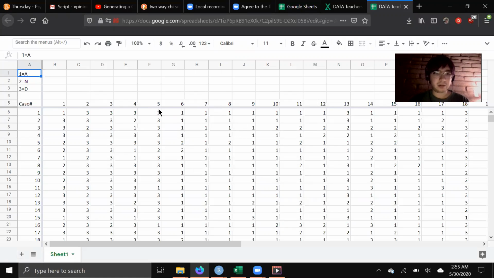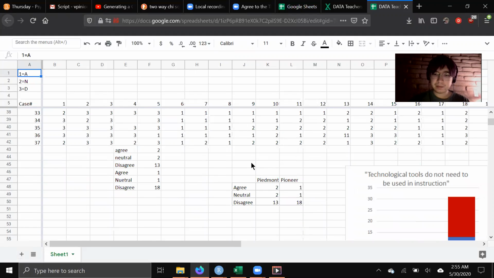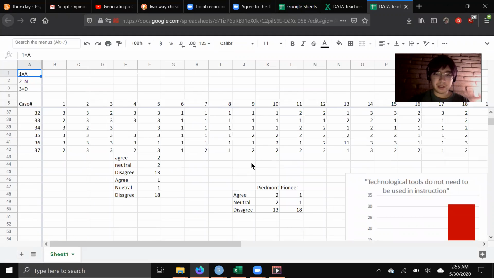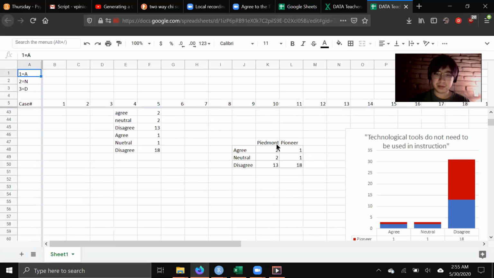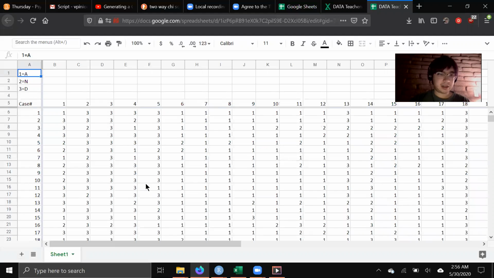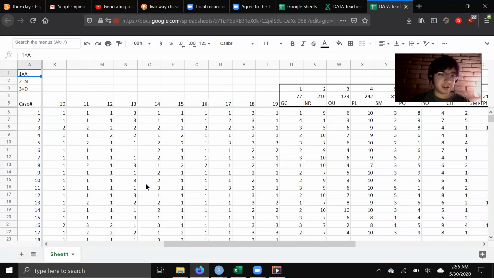My co-researcher was, at the time, student teaching. So we assessed two schools, so that's two categories by three possible observations that we could have gathered from each participant.